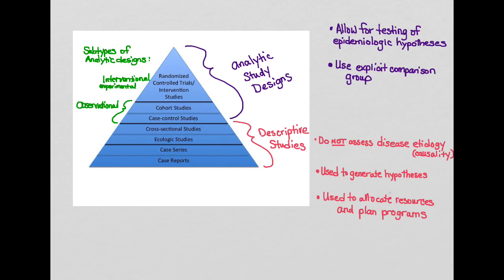But anyway, so this is the big picture of how we describe and define the different types of study design. And so now I'm going to go through each of these types in more detail so you can understand what they are like and why they fall where they do on the hierarchy.